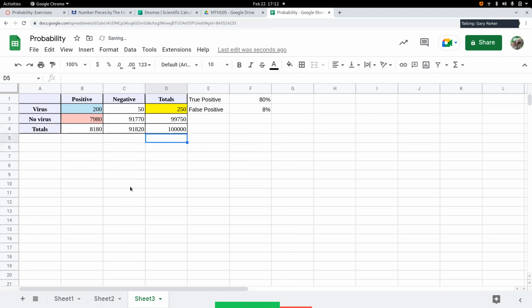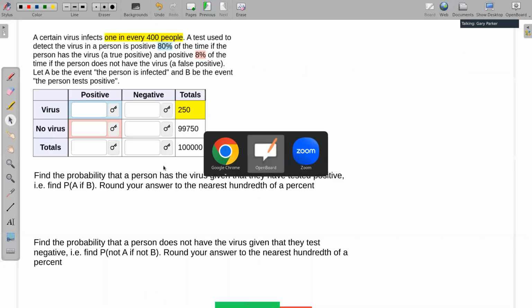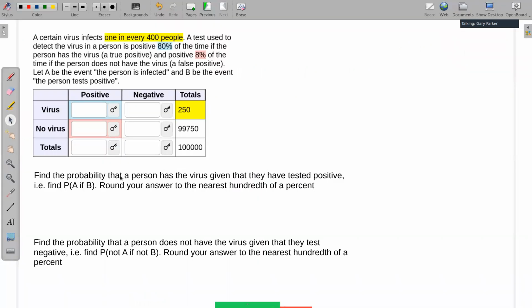All right, so now we have a couple of other questions to answer. So let's take a look at our other questions. So once we fill out the table, we can answer all kinds of questions about this particular testing system. We want to find the probability that a person has the virus given that they tested positive. So in this case, of all the people who tested positive, I need to know what proportion of them have the virus.